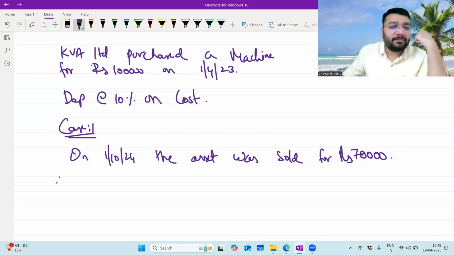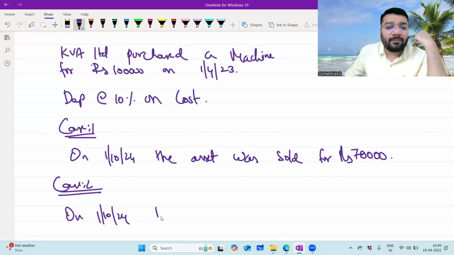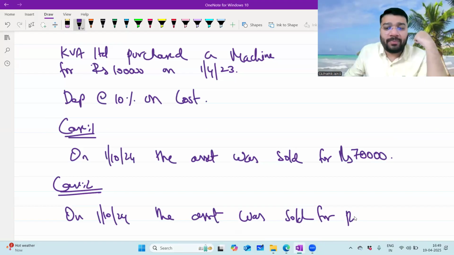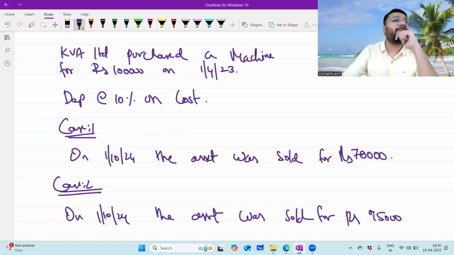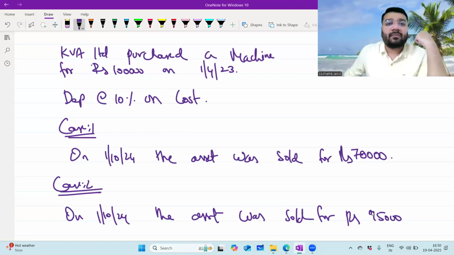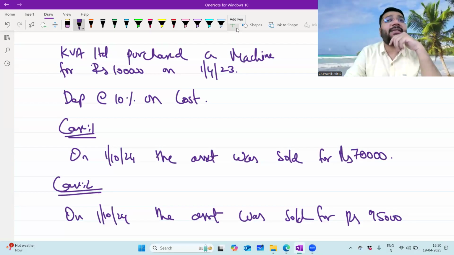Case 2, on 1/10/24, the asset was sold for rupees 95,000. Is the question clear? Wonderful. Now you're supposed to prepare the machine ledger.